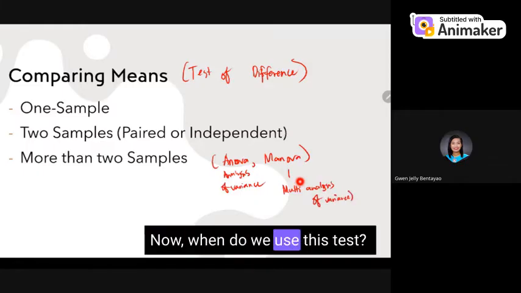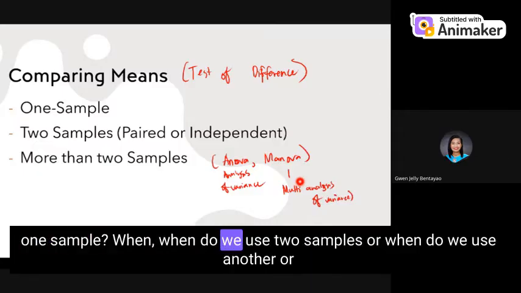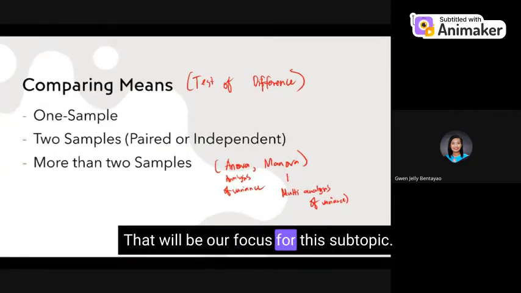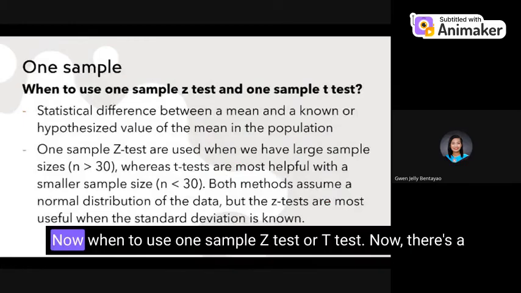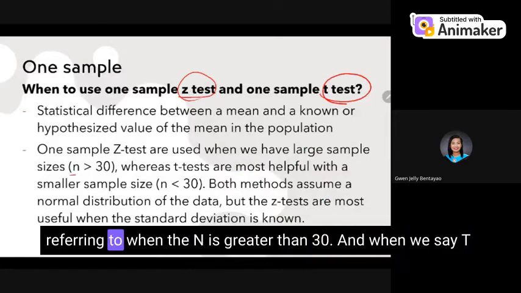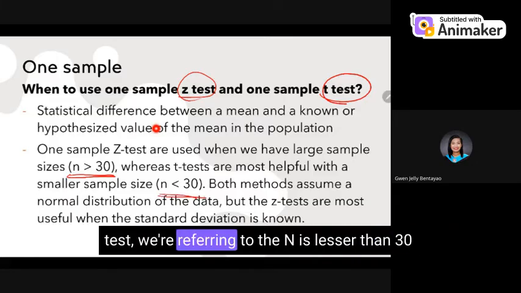Now, what do we use this test? When do we use one sample? When do we use two samples? Or when do we use ANOVA or MANOVA? That will be our focus for this subtopic. Now, when to use one sample, z-test or t-test? There's a difference between t-test and z-test. When we say z-test, we're referring to when the n is greater than 30, and when we say t-test, we're referring to the n is lesser than 30.